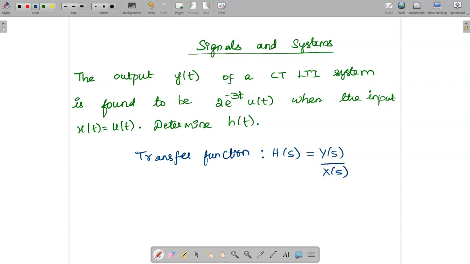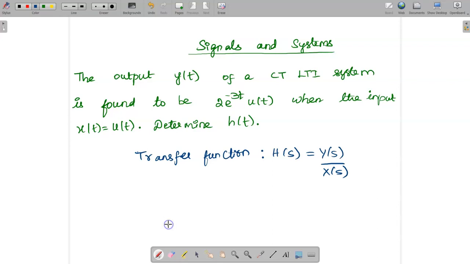That is, we need to take the Laplace of the output as well as the input so that we can determine y of s and x of s. So once we have determined that, we can easily find out the transfer function h of s, and from that when we take inverse Laplace transform we can find out the h of t. So using this formula only we are going to proceed.